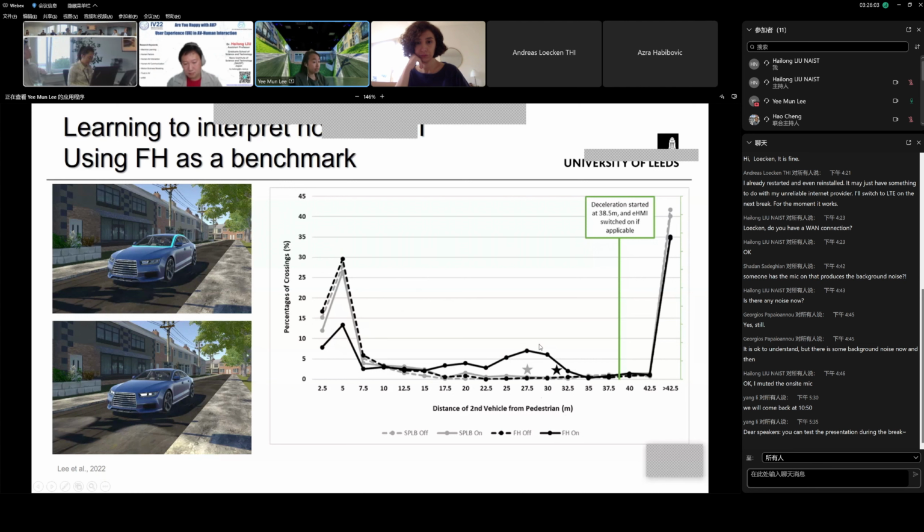In this case, the flashing headlights is more effective than the slow pulsing light band. As you can see in the gray solid line, there isn't much of an increase, even though people have seen the slow pulsing light band.